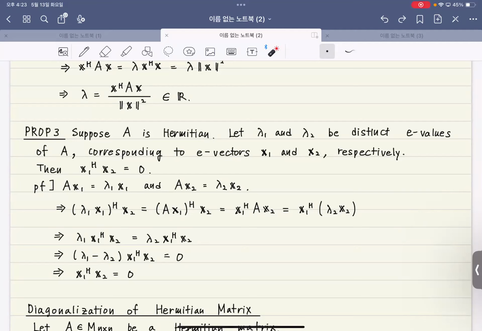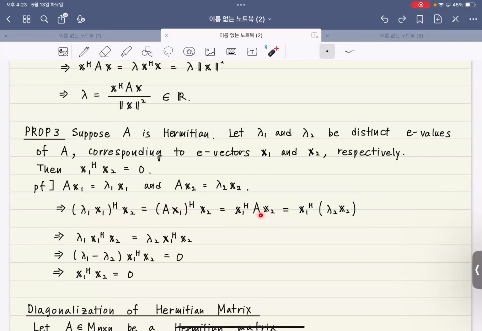Okay, so the proof. A times x1 is lambda 1 times x1, and A times x2 is lambda 2 times x2. I am trying to compute the inner product of lambda 1 x1 with x2. But lambda 1 x1 can be replaced by A times x1. And since this is Hermitian, we get x1 Hermitian A times x2.